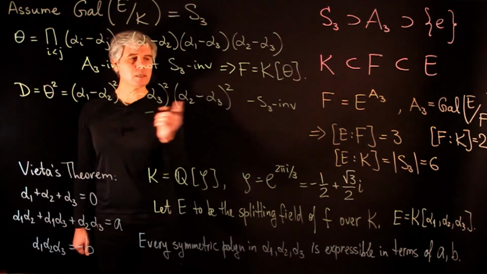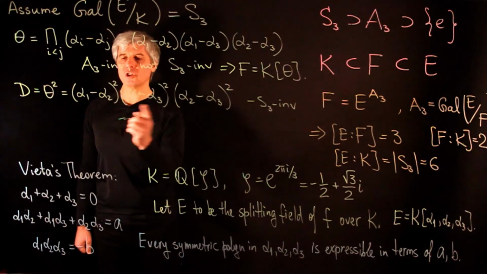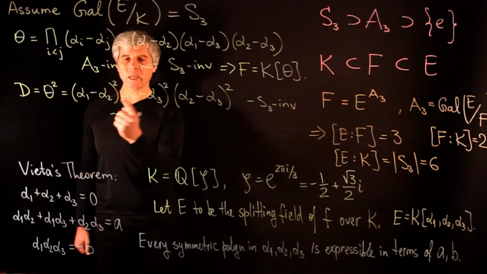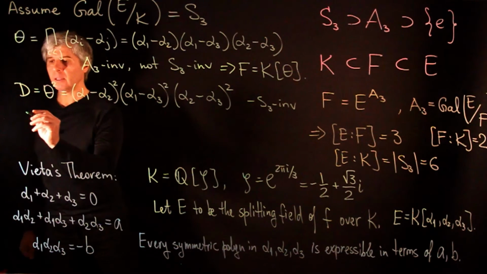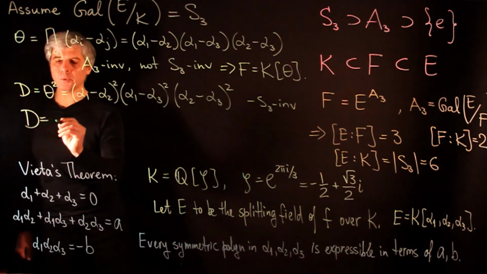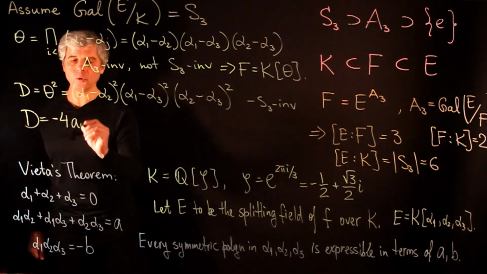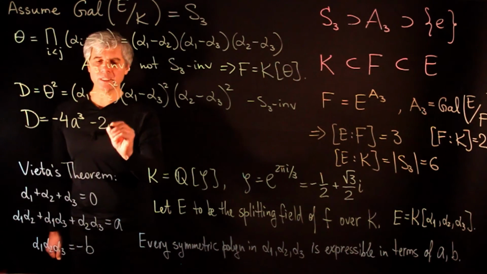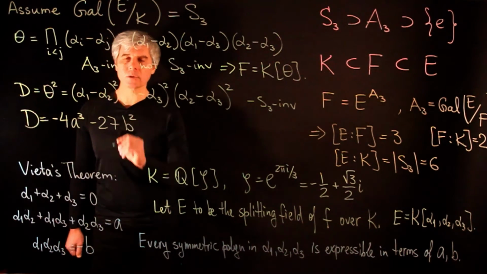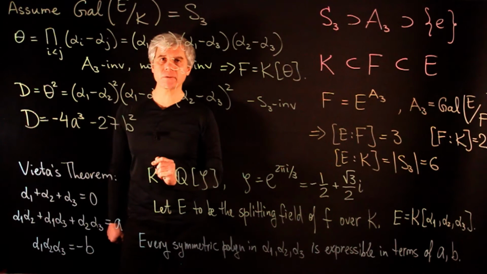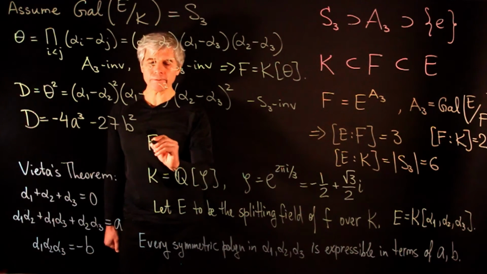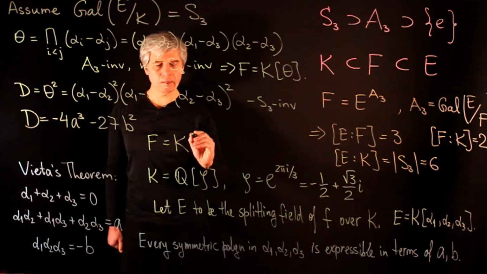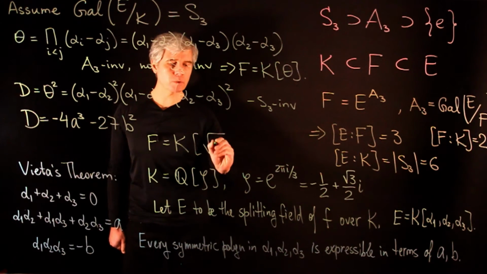It is a tedious but straightforward computation to expand this and express it in terms of elementary symmetric functions. And then we get that D is equal to minus 4a cubed minus 27b squared. So this is the expression for the discriminant of a cubic polynomial. And our field F is K extended with the square root of D.